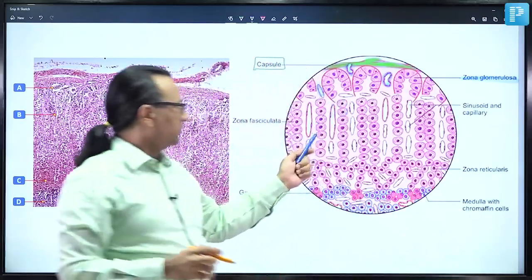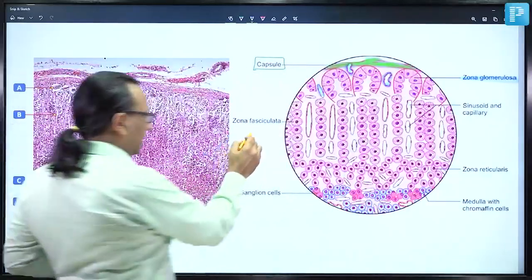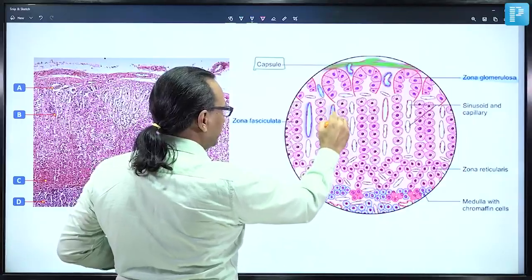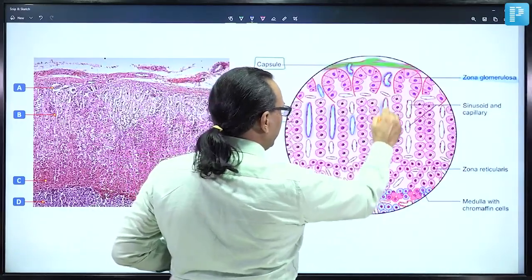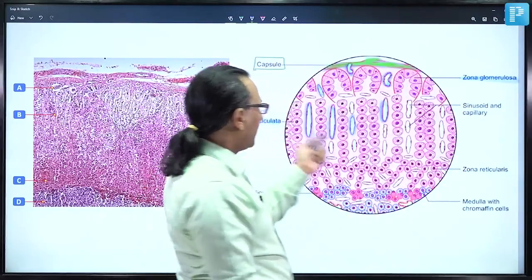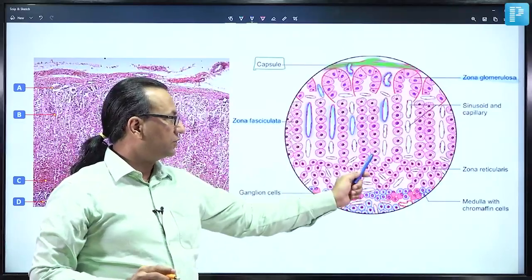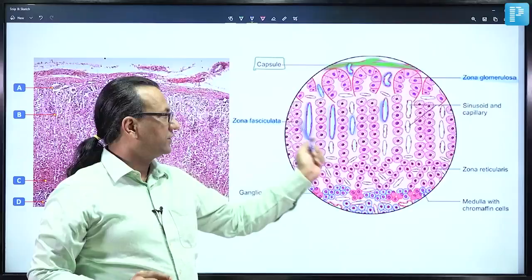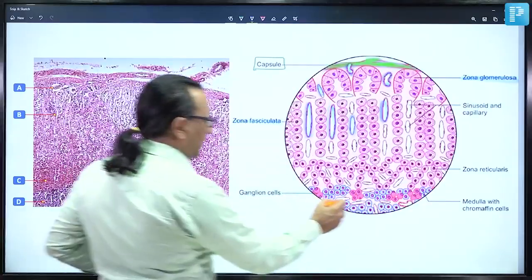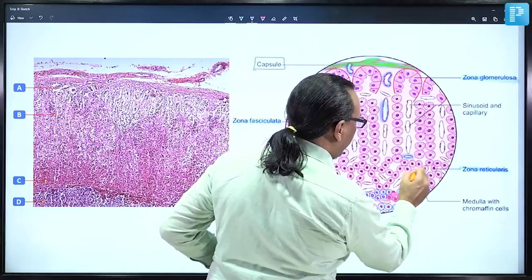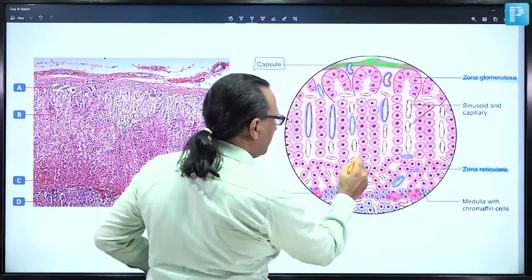But when it comes to zona fasciculata, they become elongated, parallel arrangements of blood vessels, so that the cells in the region are also arranged in fascicles or columns. So zona glomerulosa, fasciculata and reticulata. In the reticular zone, again you'll find the blood vessels are becoming more of a network.